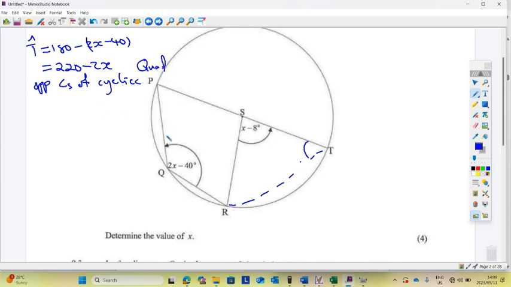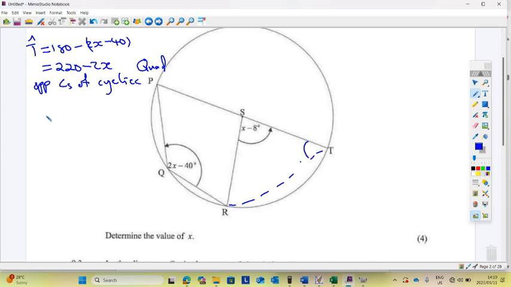That is the reason for this angle. Now we have this triangle here. This triangle is an isosceles triangle because SR, ST, that's a radius there. So to get the value of x, we can just add all the three angles there.